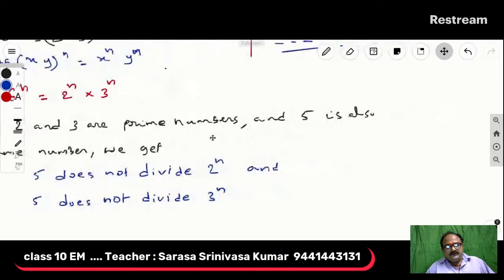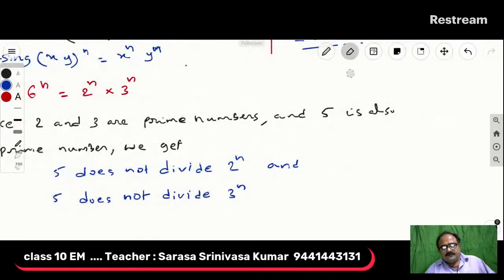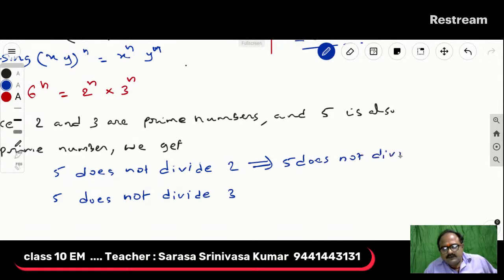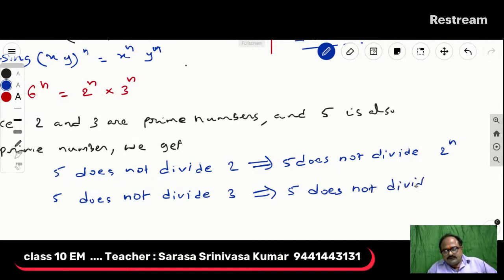This is because we should write a step here. 5 does not divide 2, that implies 5 does not divide 2 to the power of n, and 5 does not divide 3 implies 5 does not divide 3 to the power of n.